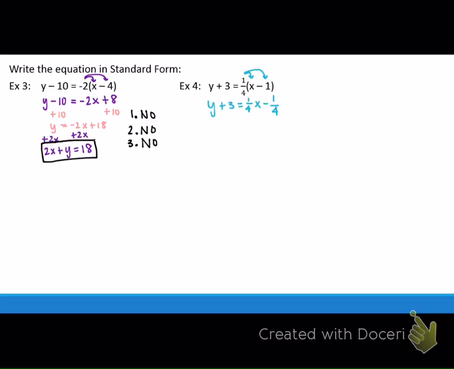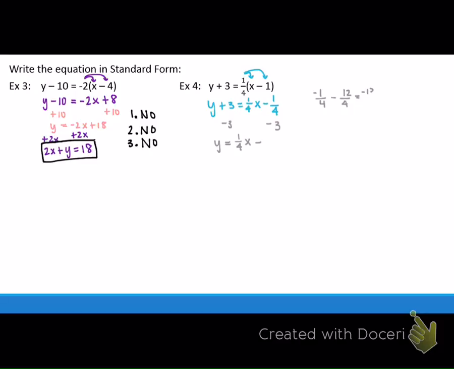Alexis, now what? So you need a common denominator when you add or subtract, which is going to be 4. 12 divided by 4 is 3.